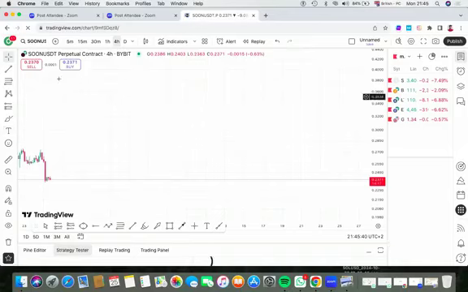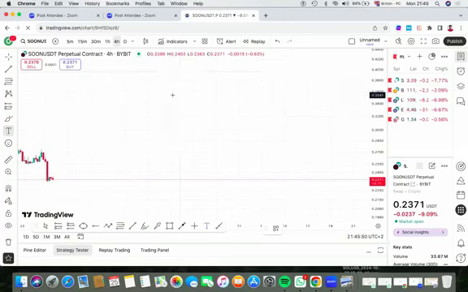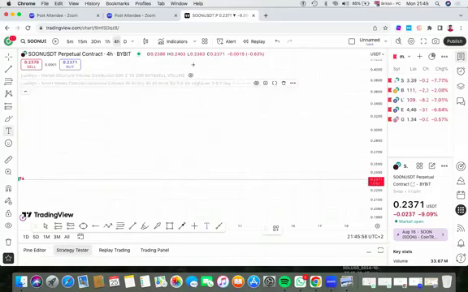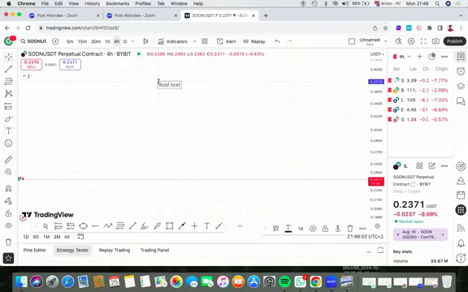My network is a bit slow, but we get going right now. So we say market structure, which we talked about last time.